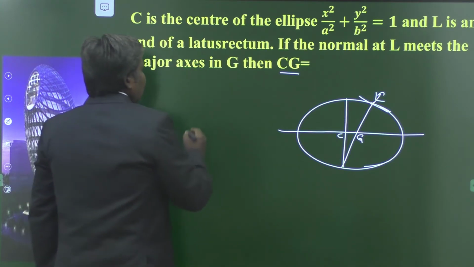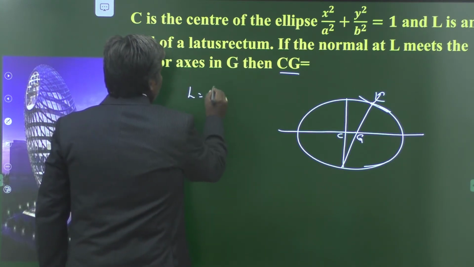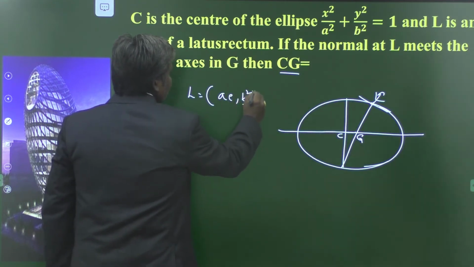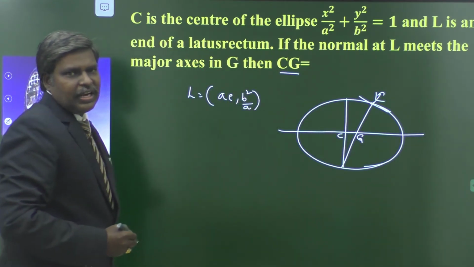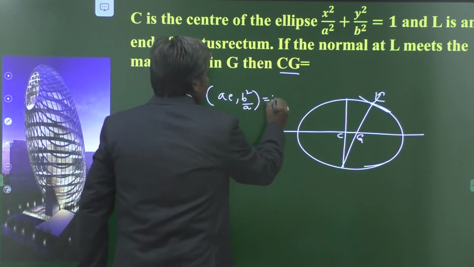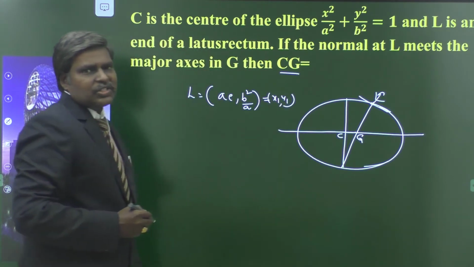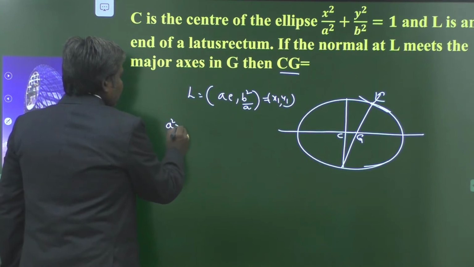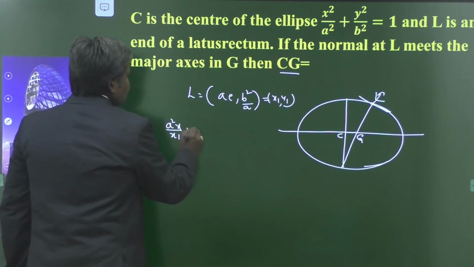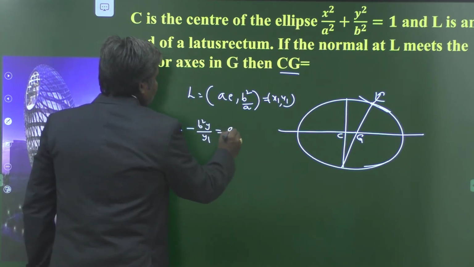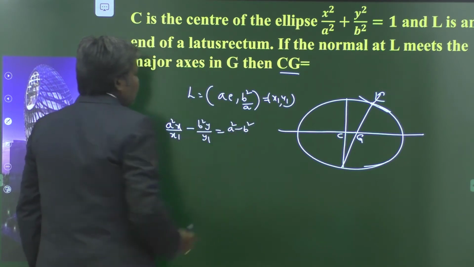So, what is the end of the latus rectum? All of you know that the coordinates are ae comma b square by a. Suppose it is x1 comma y1, what is the equation of the normal at x1 y1? Normal at x1 y1 is a square x by x1 minus b square y by y1 equals a square minus b square.